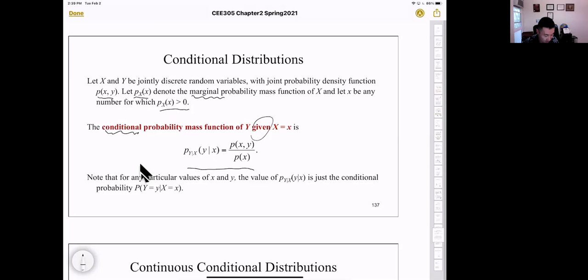The vertical line here means given X is equal to a certain value of x.